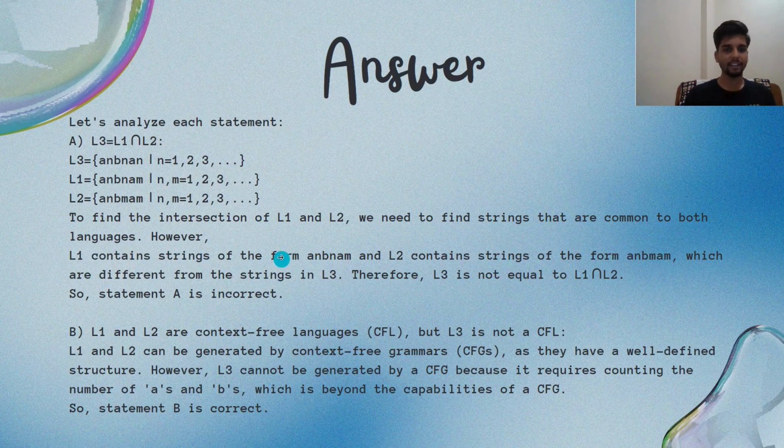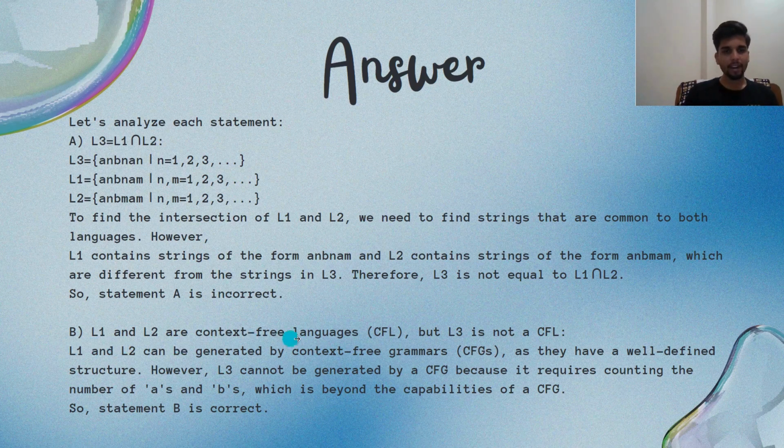However, L1 contains strings of the form a raised to n, b raised to n and a raised to m, and L2 contains strings of the form a raised to n, b raised to m and a raised to m. These are different from the strings in L3, that is a raised to n, b raised to n and a raised to n. Therefore, L3 is not equal to L1 intersection L2. So statement A is incorrect.